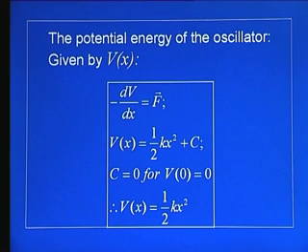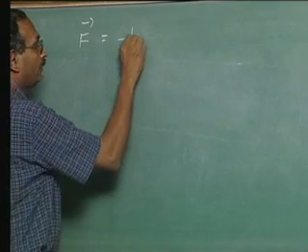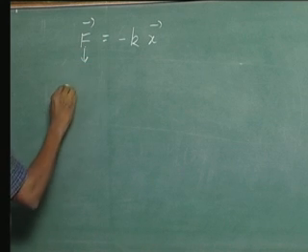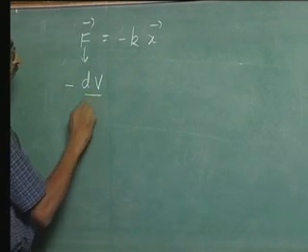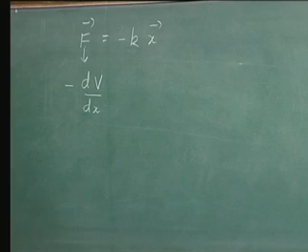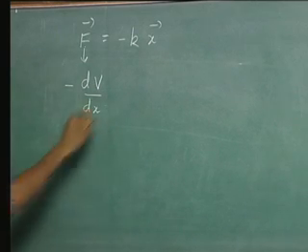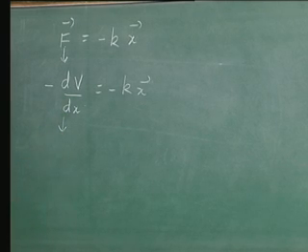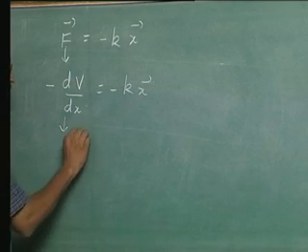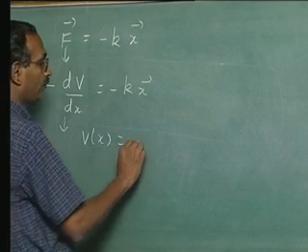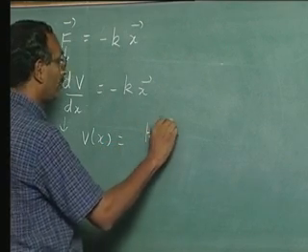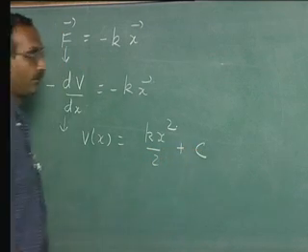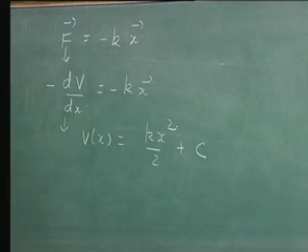When the force is equal to minus k times the displacement, and the force itself is the negative derivative of a potential field associated with the harmonic oscillator motion, the integration of this leads to V of x is equal to kx square by 2 plus a constant, the minus sign cancels off, when you integrate. Okay.